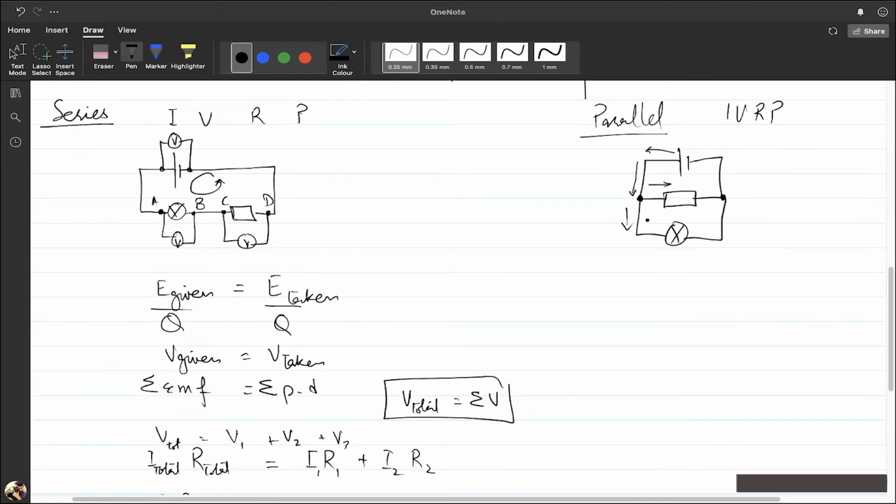So here we have the second idea that because charge is conserved, the current that is coming in is the same as current that is going out at any point. So इस point पे जितना current आया है उतना ही बाहर गया है, regardless of which path it takes. Now, how does it decide which path to take?